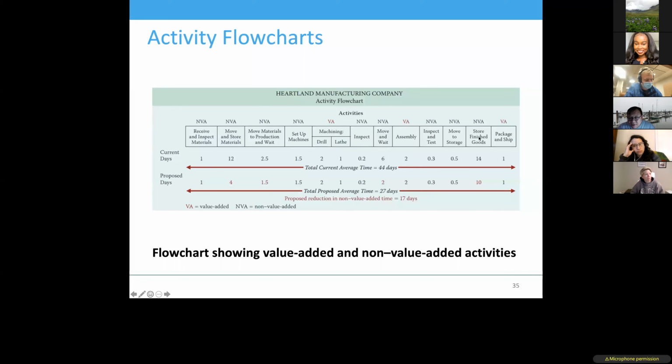And here is 14 days in the finished goods inventory. Why 14 days? Can you make it a little bit shorter? Maybe you don't have enough staff working here to get them out sooner. Maybe that means I will send more staff to pack and ship them.